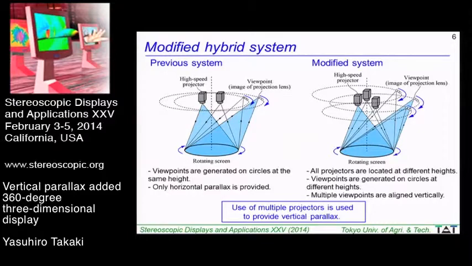In the modified system, all projectors are located at different heights, so viewpoints are generated on circles at different heights. Multiple viewpoints are aligned vertically, therefore vertical parallax is provided. In this case, the use of multiple projectors is used to provide vertical parallax.